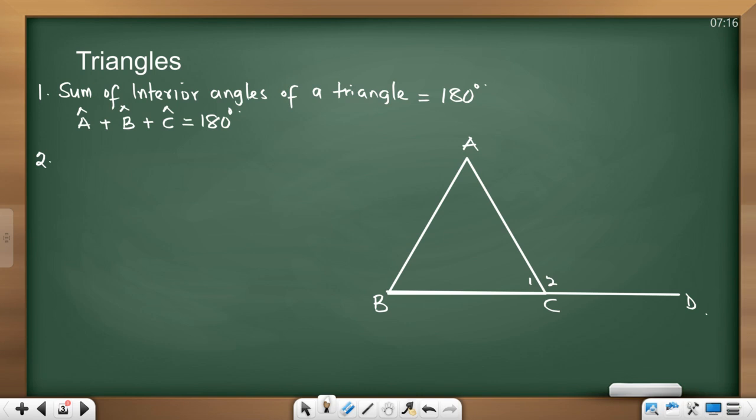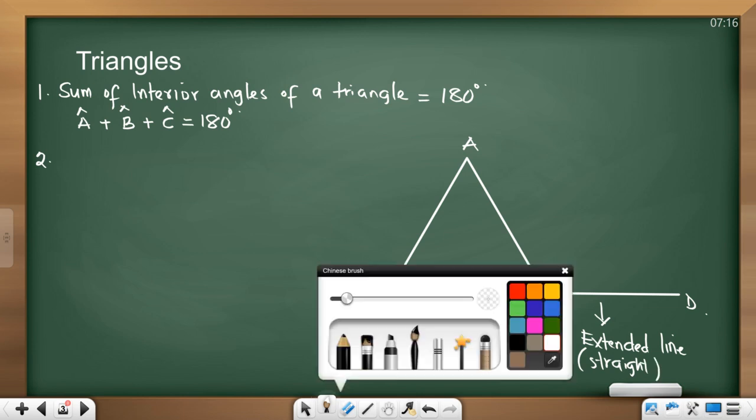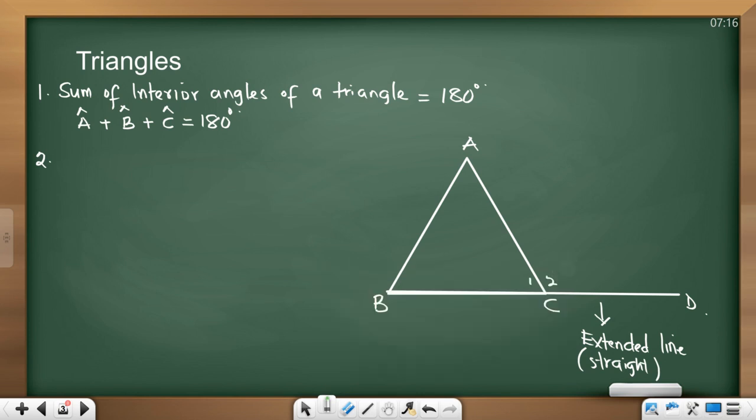Now, if you look at BCD, line BCD is an extended line. Please, when we say the line is extended, it must be a straight line. So the section CD is an extension of BC. I want to say that again. The section CD is an extension of BC.